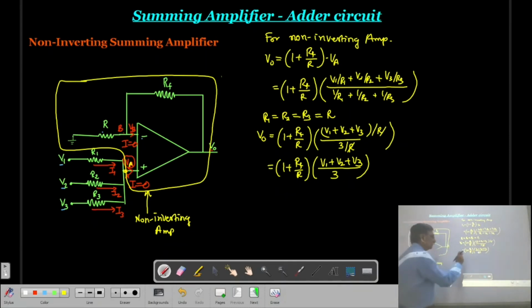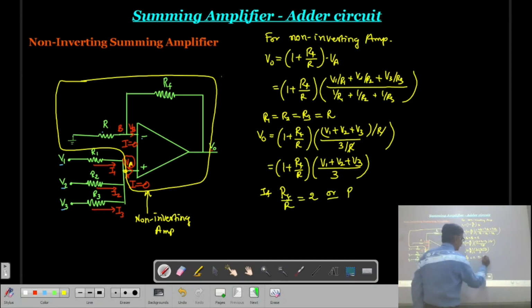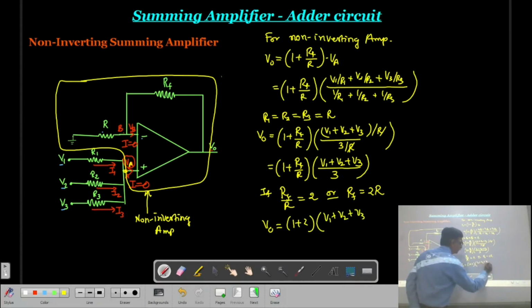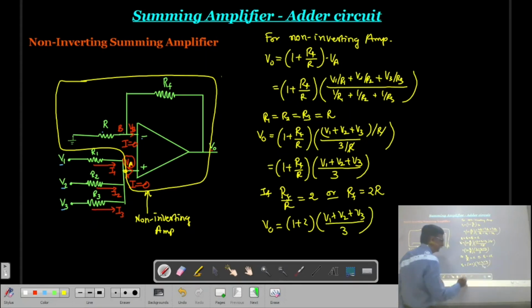So if we take Rf by R equal to 2, or you can say that Rf is equal to 2R, then the output voltage is equal to 1 plus 2 into V1 plus V2 plus V3 divided by 3, and now this 3 will be cancelled. We have simply the addition of the voltages V1 plus V2 plus V3.